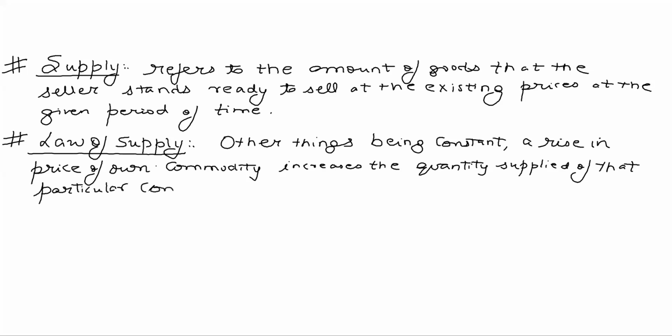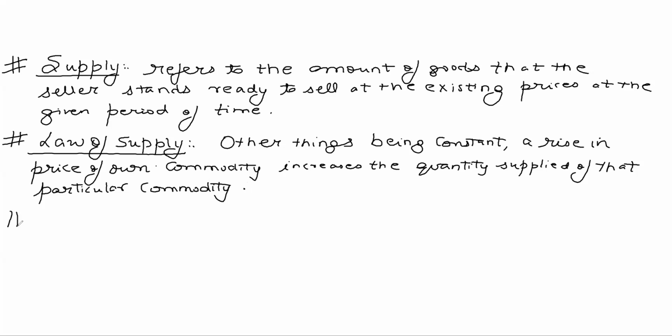This simply means that keeping all other factors constant, if the price of any commodity goes up, the producers will be willing to supply more of that commodity and vice versa. That means there is a positive relationship between the price of the commodity and the supply of the commodity.